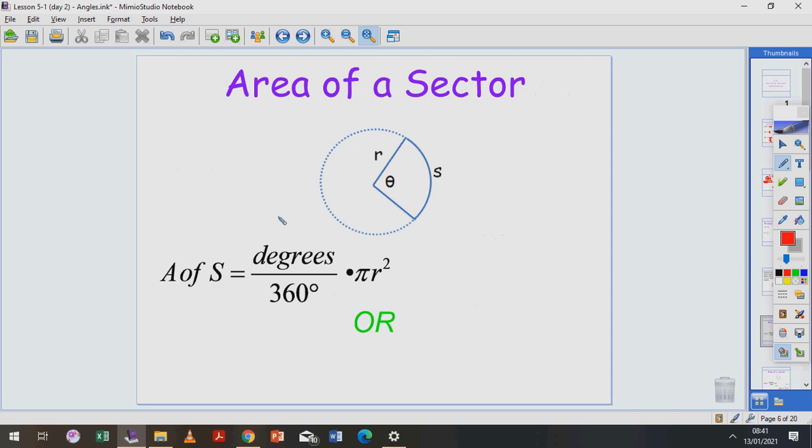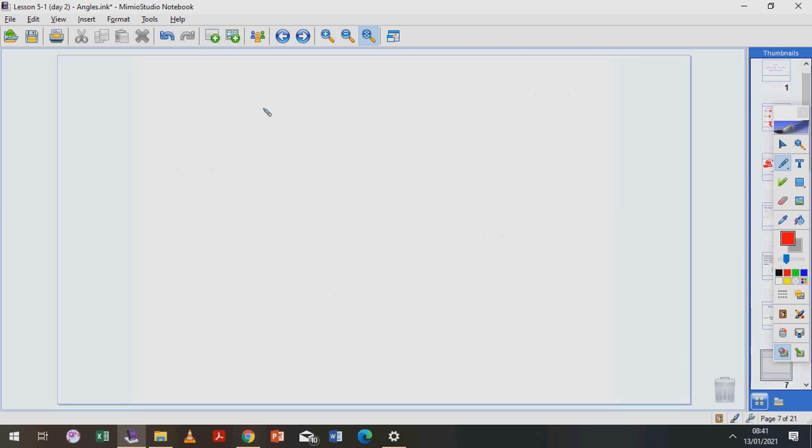Let's talk about area of a sector. The other day we talked about arc length, and this will always go back to the definition of a radian. Do you remember what a radian is? It's the ratio of the circumference, or any portion of the circumference, to the radius.